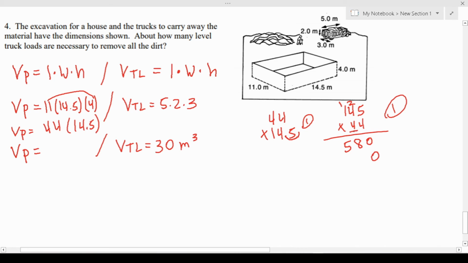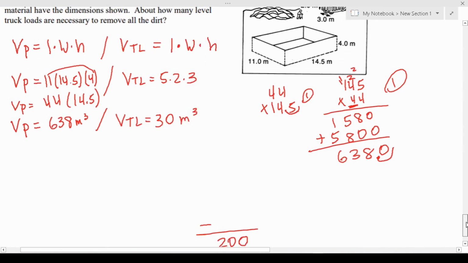Add a 0 placeholder since we're starting this number. 4 times 5 is 20, carry a 2. 4 times 4 is 16, plus 2 is 18, add a 1. 4 times 1 is 4, plus 1 is 5. So let's add. 0 plus 0 is 0. 0 plus 8 is 8. 5 plus 8 is 13. Carry your 1. 5 plus 1 is 6. Bring in your 1 decimal so we can see the volume of this pit is 638 meters cubed.